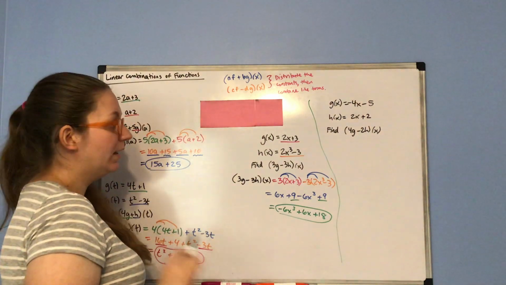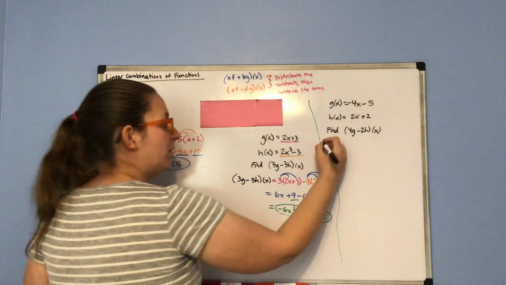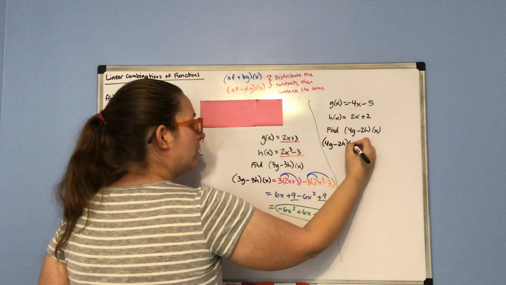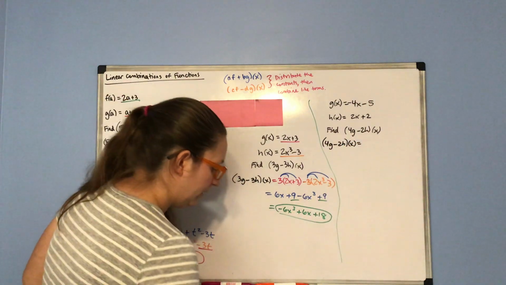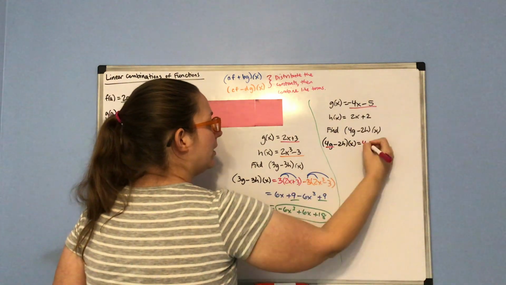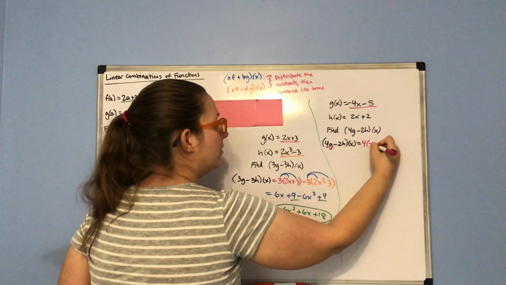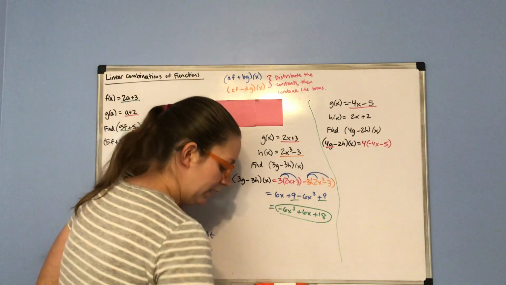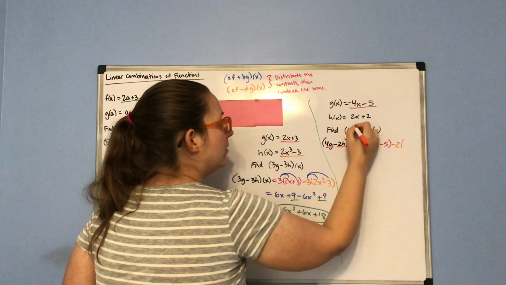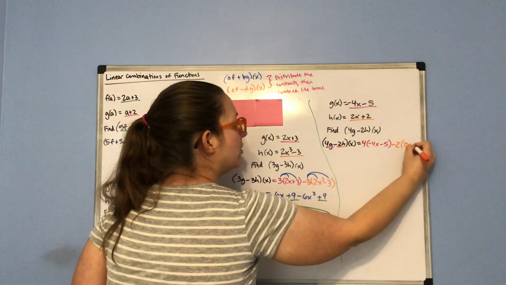All right, last one, same idea. We want to find 4g minus 2h. So 4g means 4 times the g function, minus 2h is negative 2 times the h function.